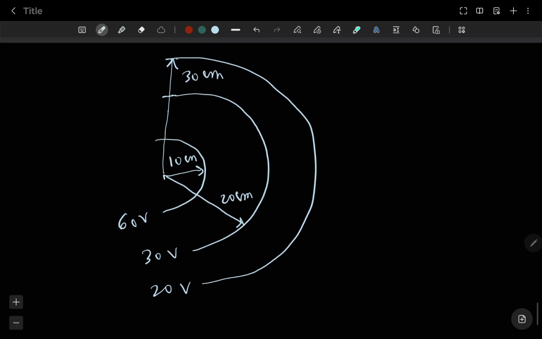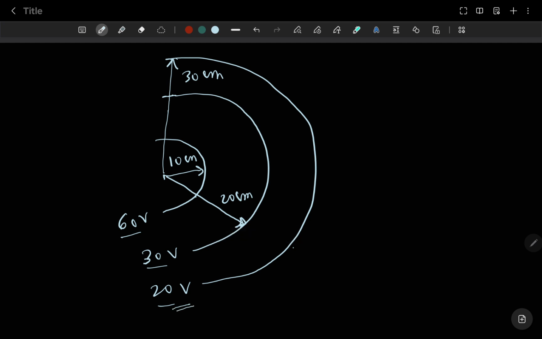Here the rate of change of voltage with distance is not uniform. In the first case, for the first 10 centimeter distance, the potential changes by 30 volt. In the second case, for a distance of 10 centimeter, it only changes by 10 volt.